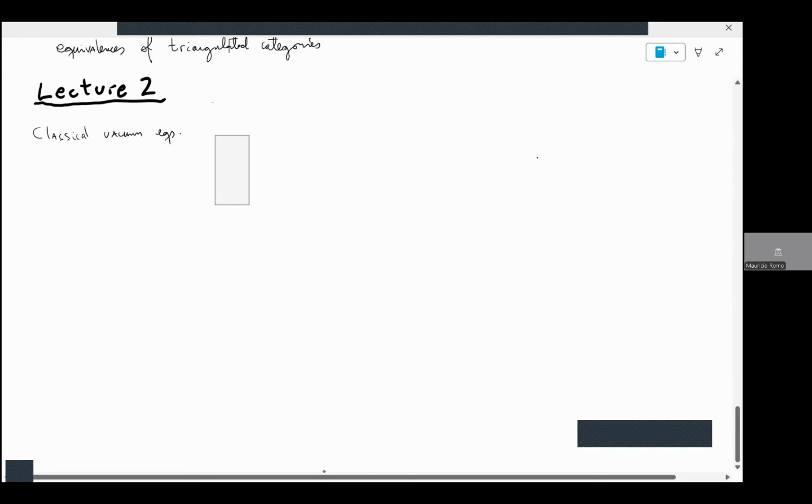If you remember, these indicate that phi has to be in the space of critical points of W intersected with the zeros of the moment map, mu inverse of zero.